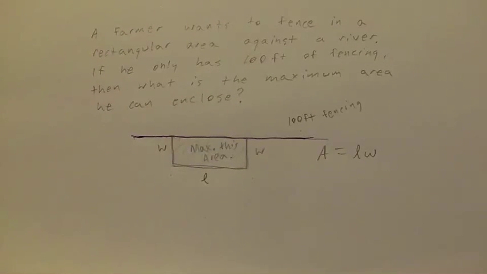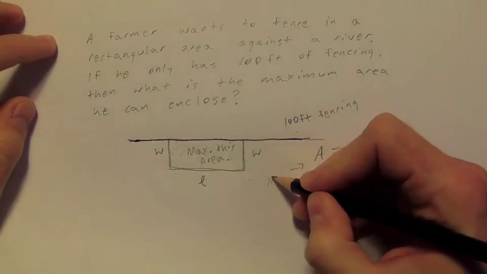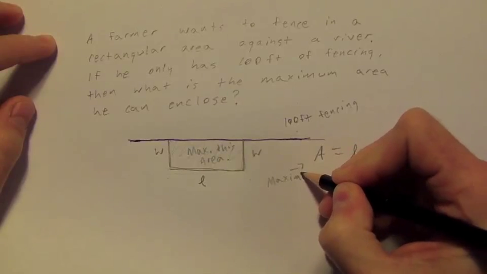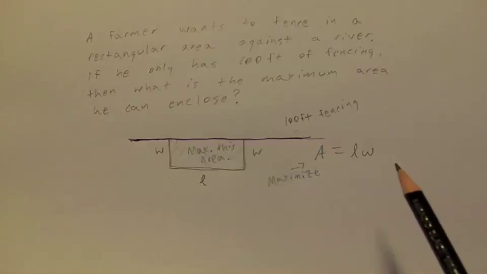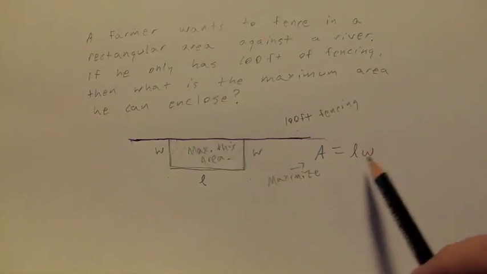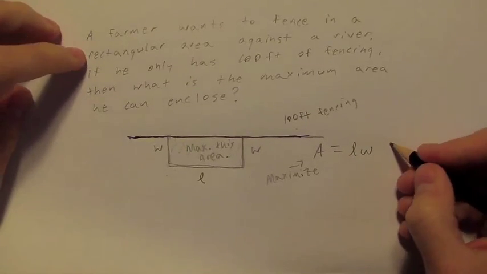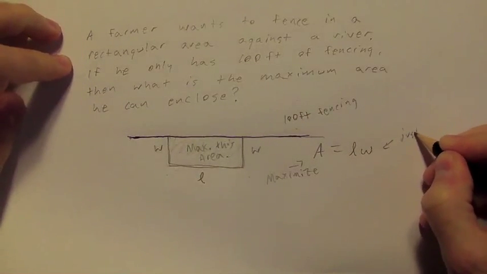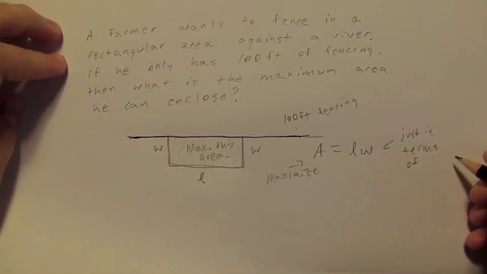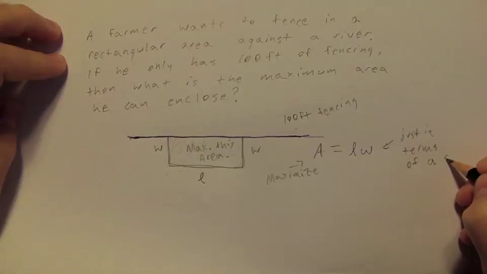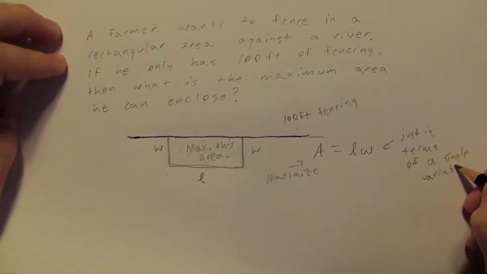Now, I want to maximize this thing. But in order to do that, we have to take the derivative, and in order to do that, we need to get this in terms of a single variable. So just L or just W.